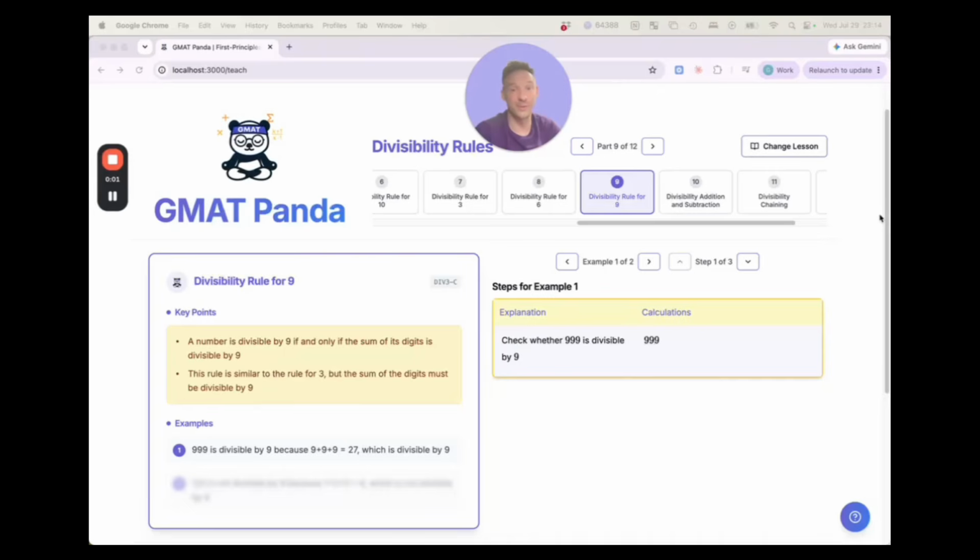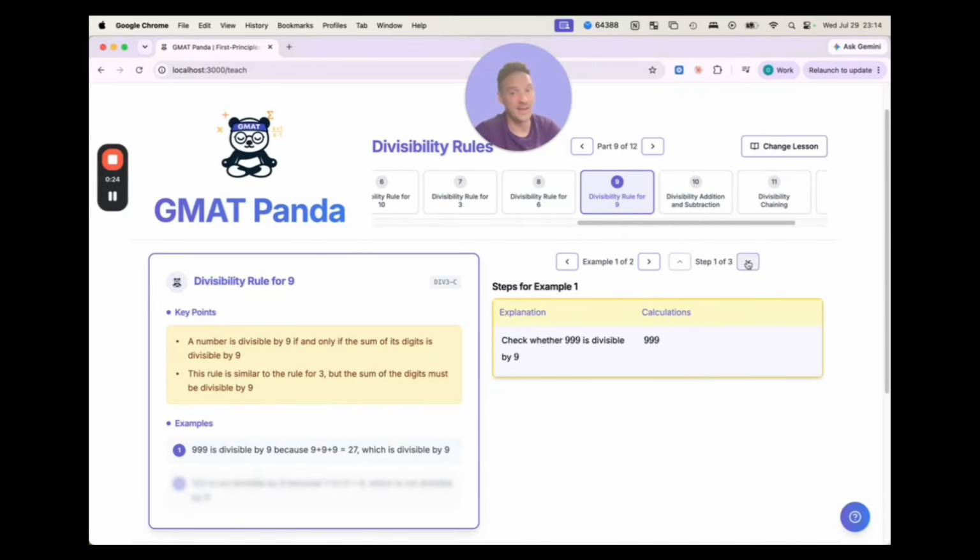The trick for divisibility by 9 is quite similar to the one for 3. So again, we have to add the digits up, and in this case, check whether that sum is divisible by 9. So let's take an example, 999.